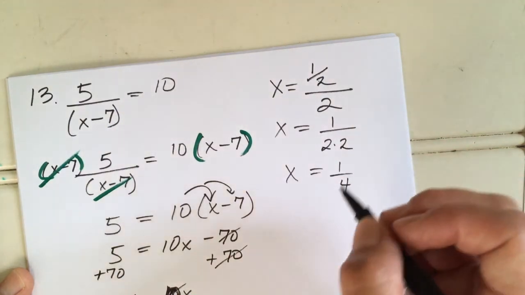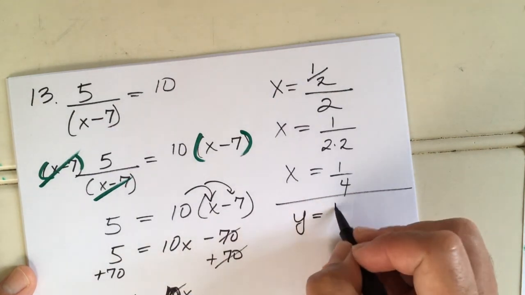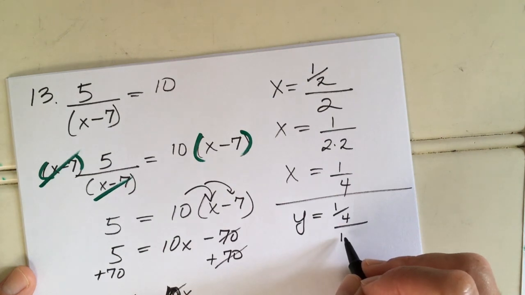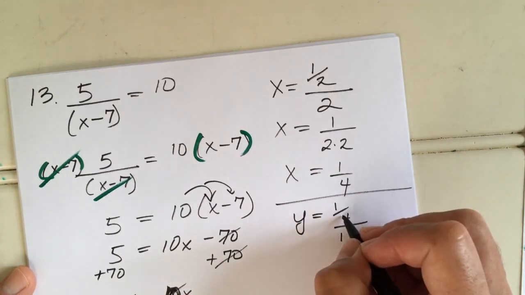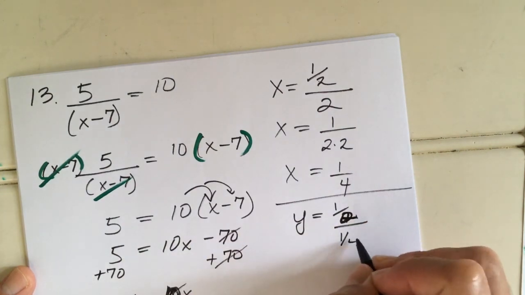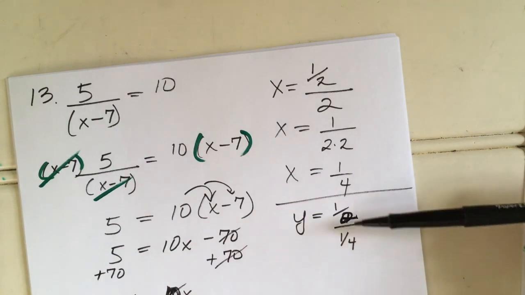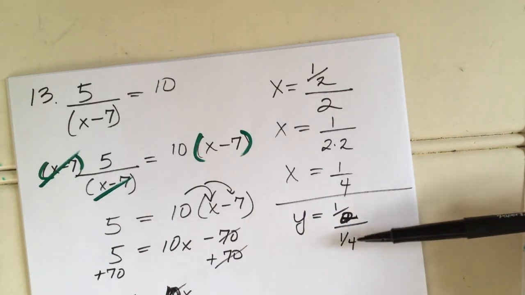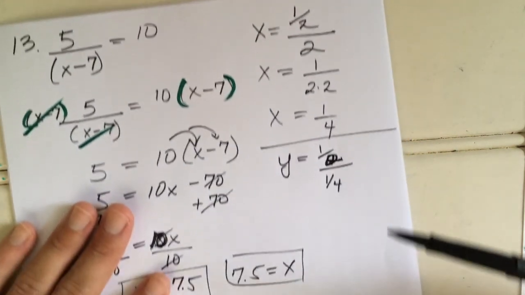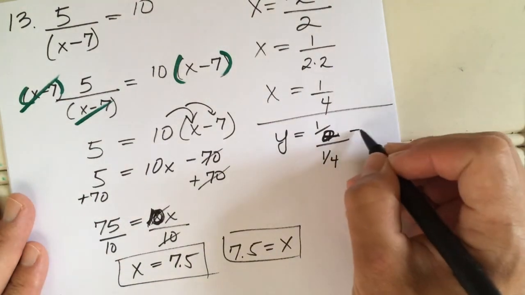let me see. What if I would have said instead y is equal to 1/2 over 1/4, right? And so this is like saying, well, how many times does a fourth go into a half, right? And you would say, well, there's 2/4 in a half, so the answer would be 2.